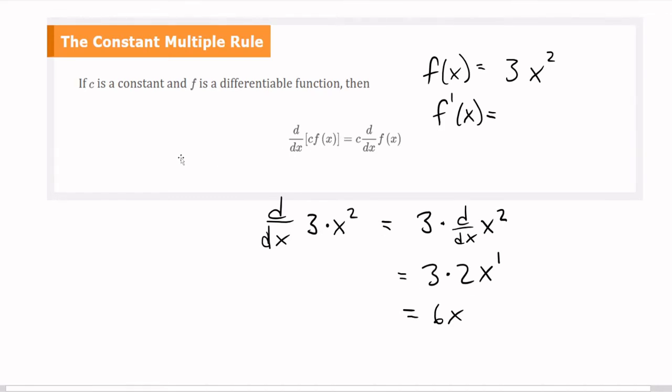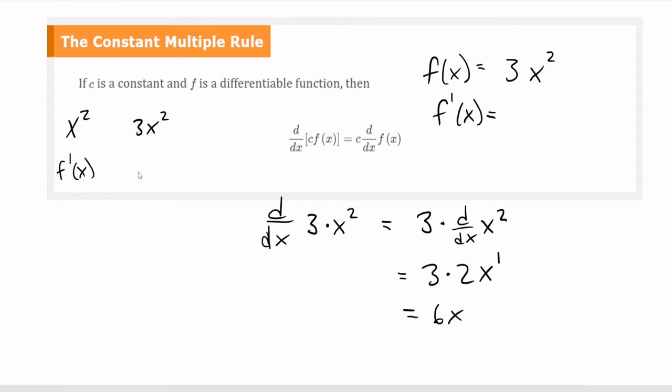And you could think about this. Just compare these two functions. What's the derivative supposed to be doing? It's supposed to be telling you how fast you're changing. So, okay, if I know f prime here, how fast I'm changing for every x, then what's the difference between this function? Well, this function is just multiplied by 3.